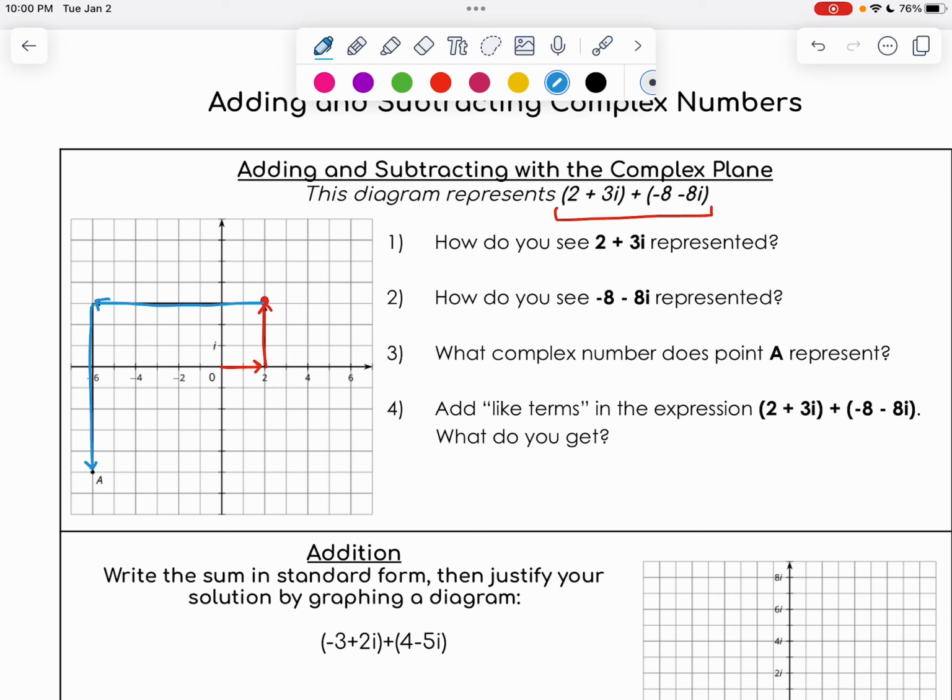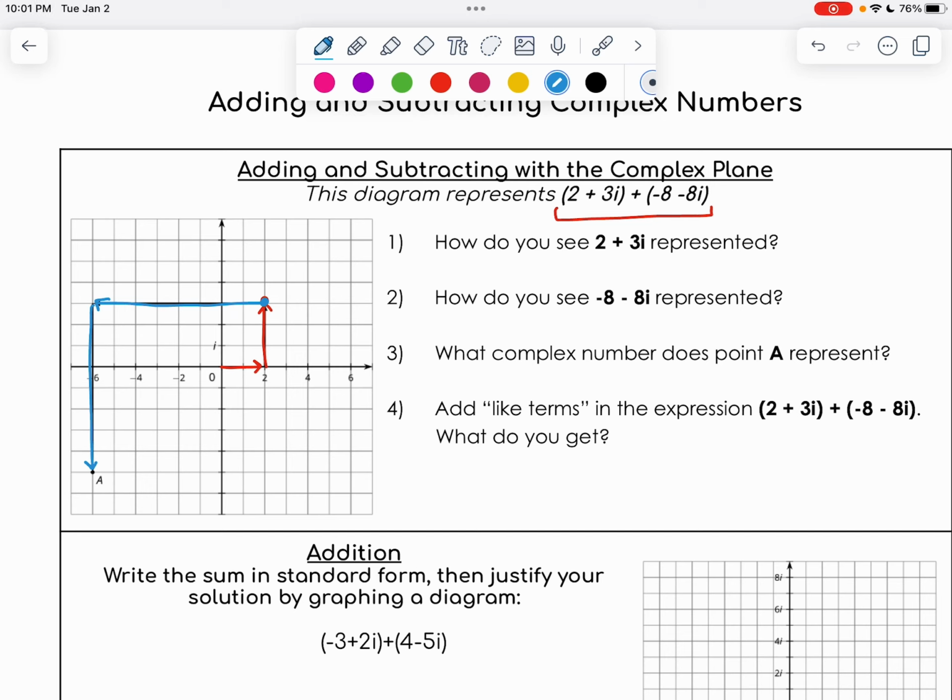But notice that instead of these arrows starting at 0, they start at the point 2 plus 3i. So this diagram, when you put it all together, represents starting with 2 plus 3i and then adding negative 8 minus 8i to that first point.